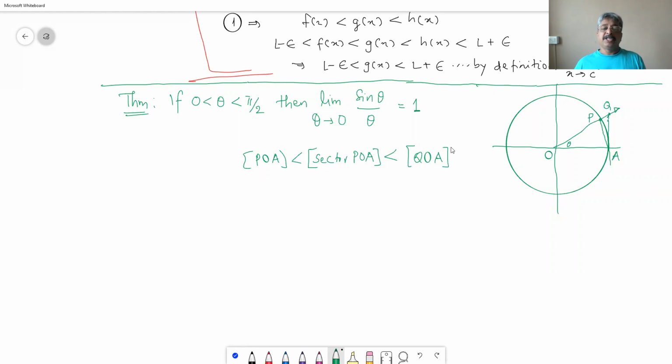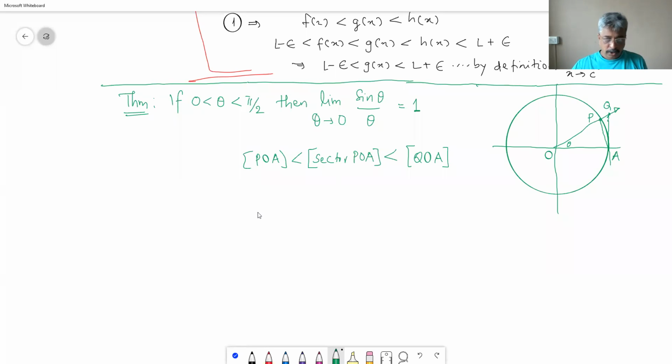They have these strict inequalities because theta is not equal to 0, nor is it equal to pi by 2. In between, these inequalities are always going to be strict. Using this, we should be able to get this limit, and of course, it is an application of the sandwich theorem. Therefore, you have to use the sandwich theorem. Finish it now.